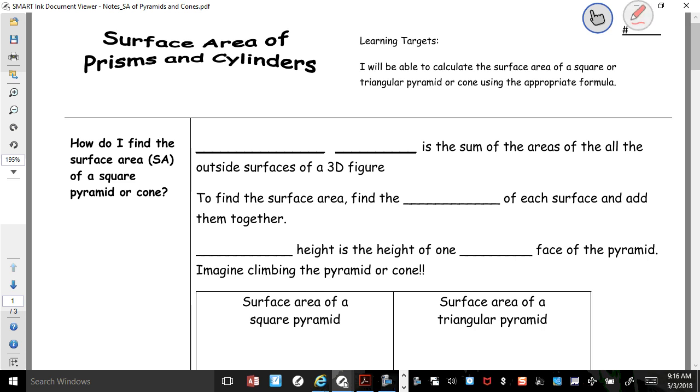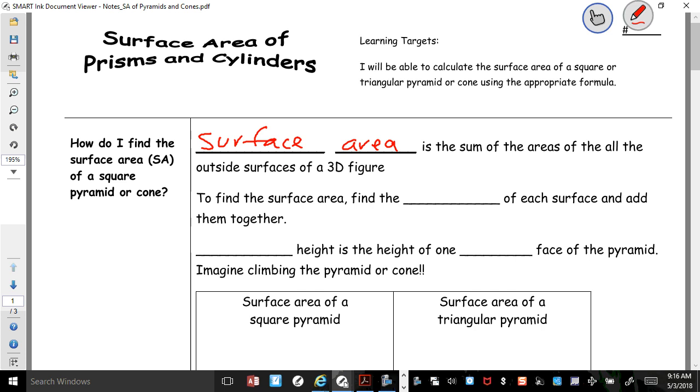So again, we're talking about surface area, which is the sum of the areas of all the outside surfaces of a 3D figure. We already talked about surface area of cylinders and prisms. Now it's just cones.